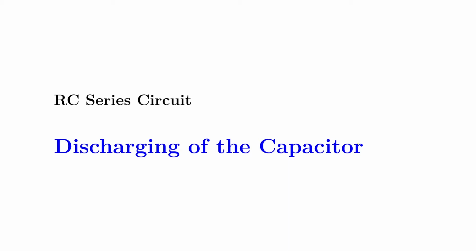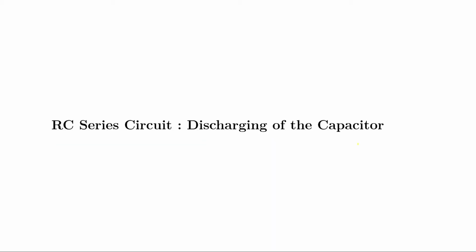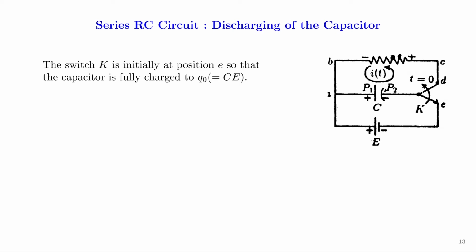We now come to the second part of our discussion, that is the discharging of the capacitor. During the discharge of the capacitor, we have to isolate the battery E from the circuit.